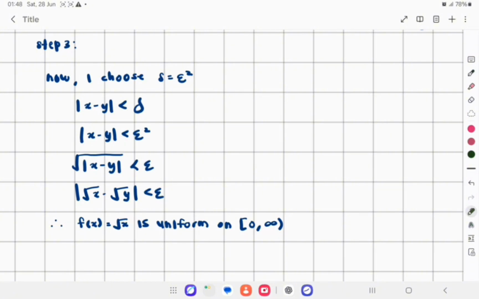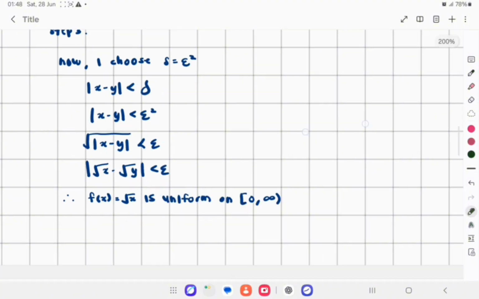So, kita boleh buat conclusion kat sini. Since we were able to find a delta equals epsilon squared, this works for all epsilon greater than 0, the function f(x) equals square root of x is uniformly continuous on the interval from 0 to infinity, closed at 0 and open at infinity.